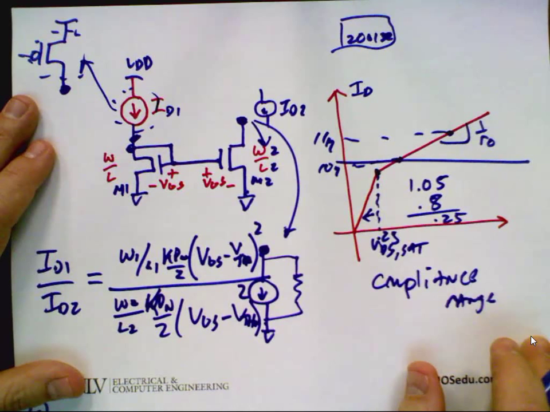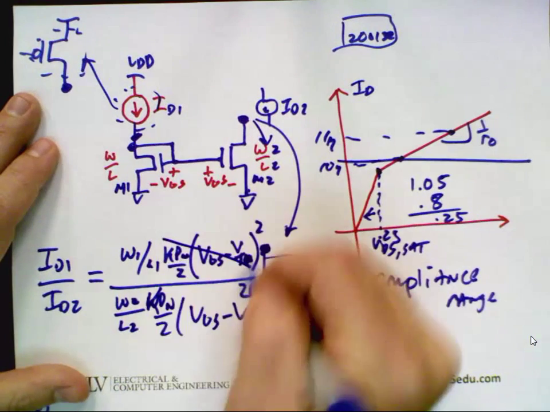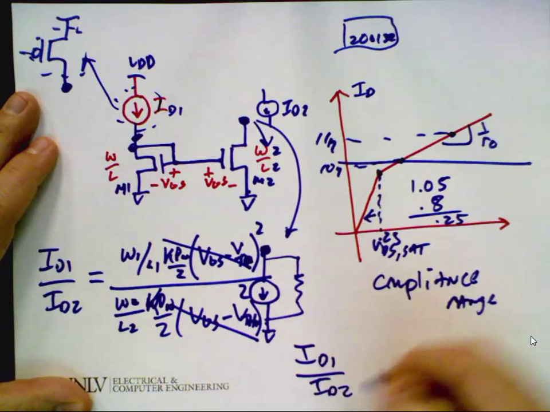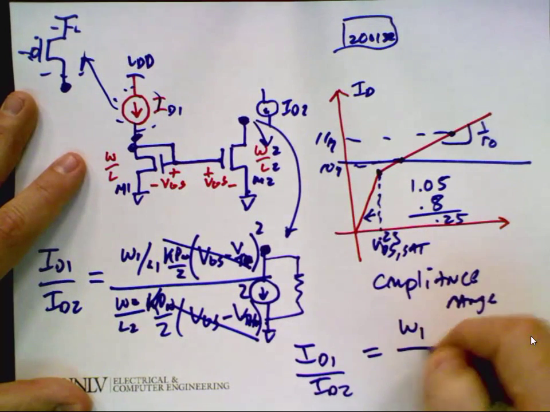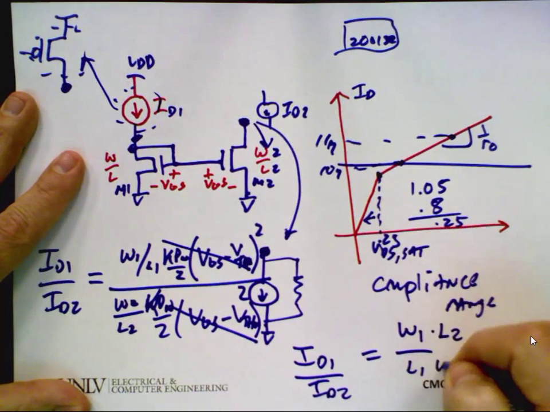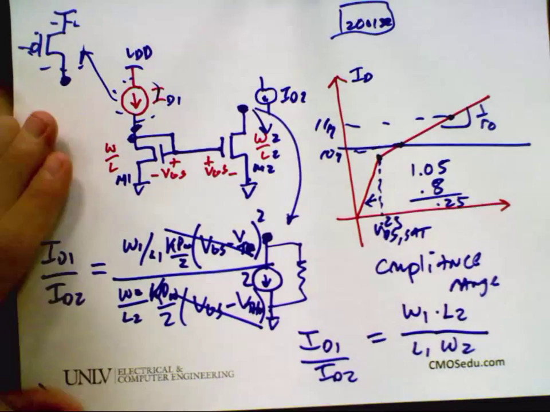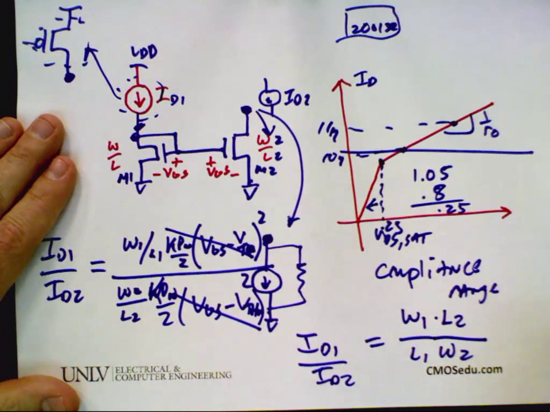Does everybody follow that? So what do you notice? Yeah, boom, boom. And I can write here ID1 over ID2 is equal to W1 over L1 times L2 over W2. Yay or nay?